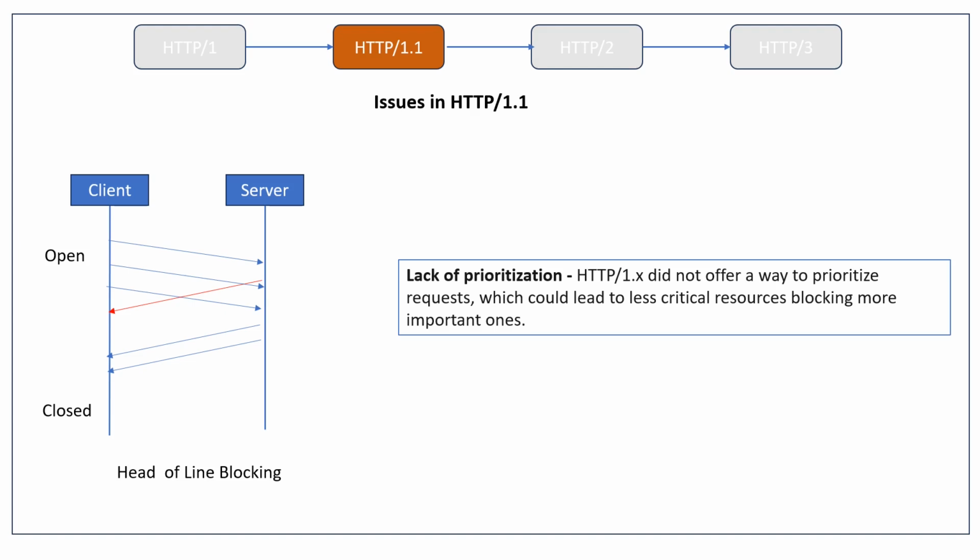Suppose a developer thinks, okay, if I get this image from the server it might help me build my page quicker, but there is no way to tell the server, okay, this has high priority, please do it a bit faster than other requests. There is no way we can prioritize our requests, so the critical resources may be kept blocked.